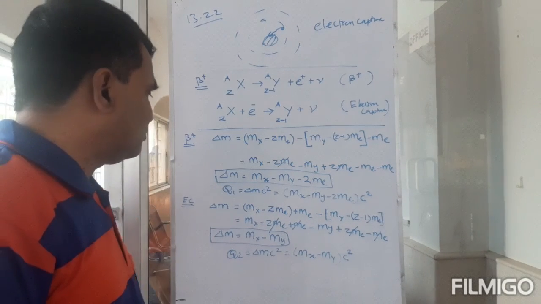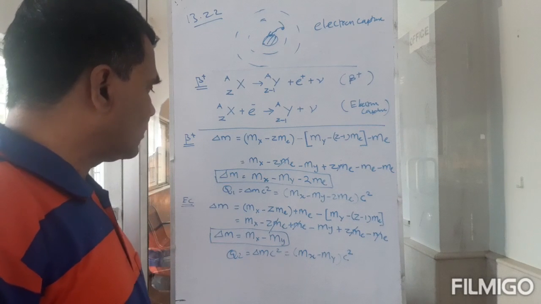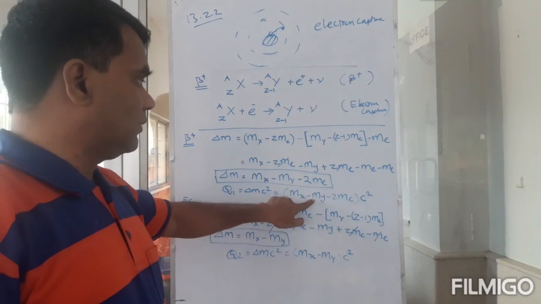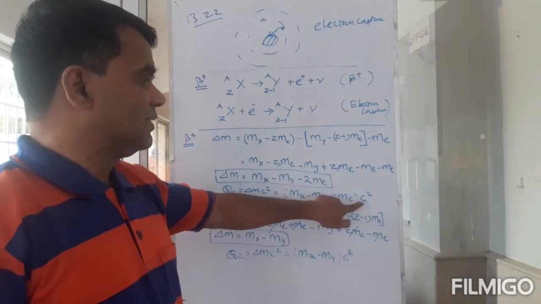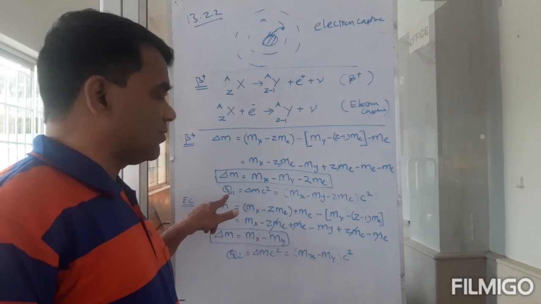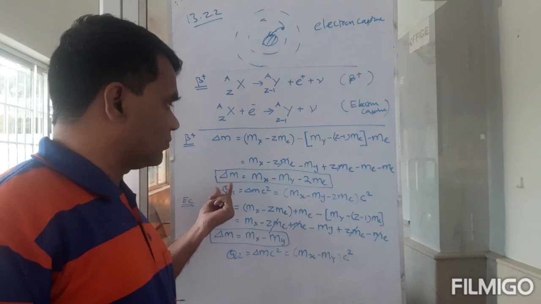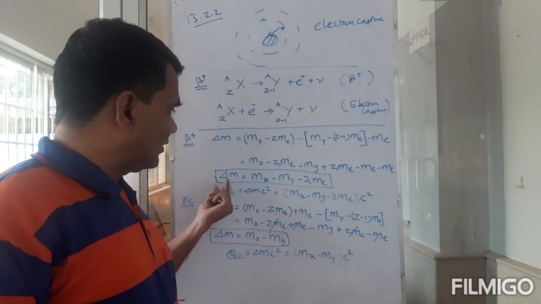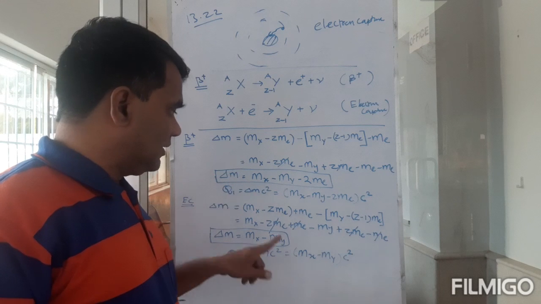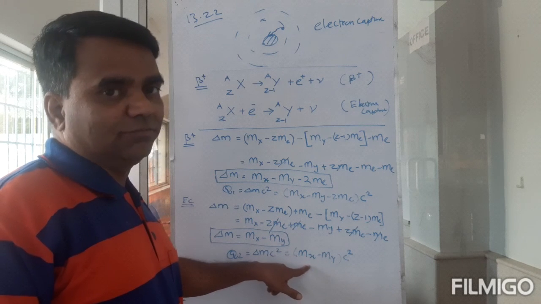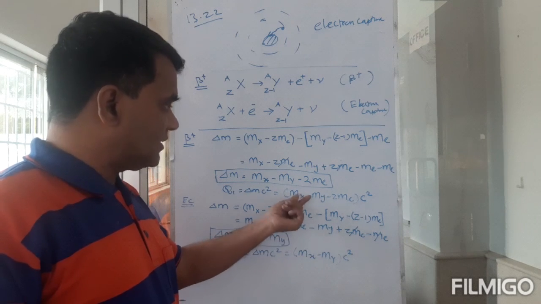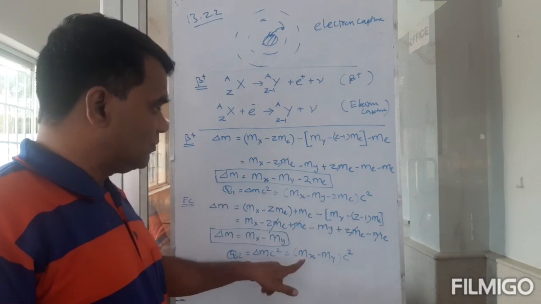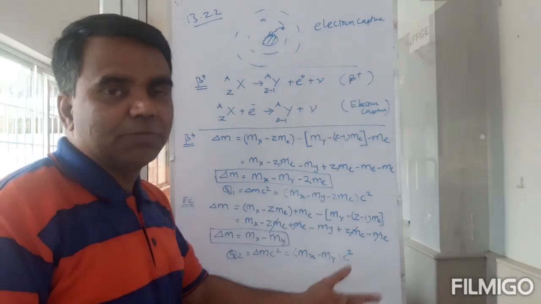So note this. This Q1 is (Mx minus My minus 2me) c squared. Suppose this is positive. There is positive energy coming out. Beta plus energy is positive, and this has to be necessarily positive, because Mx minus My minus 2me itself is positive, so Mx minus My must be positive.